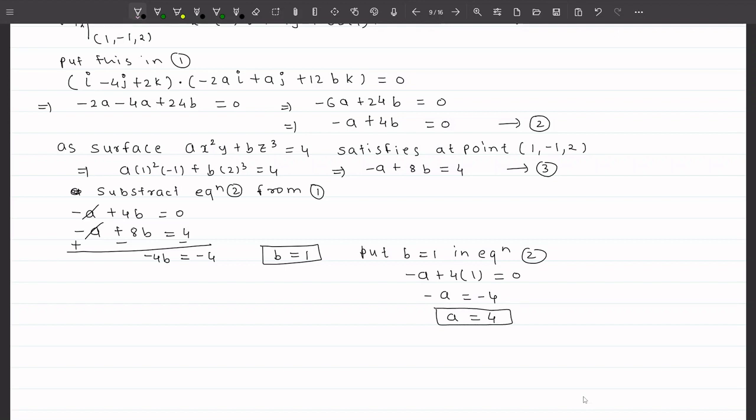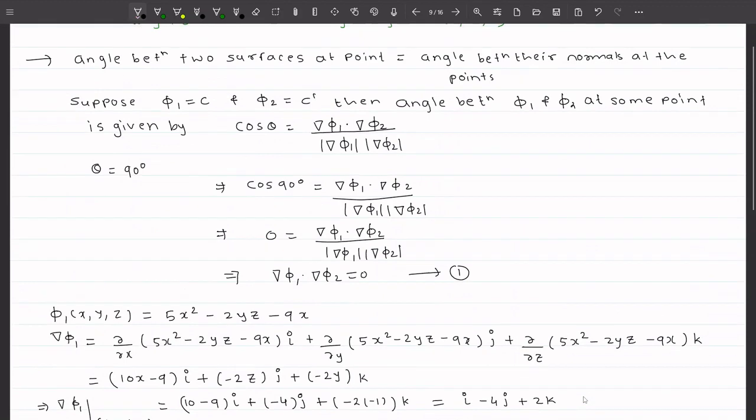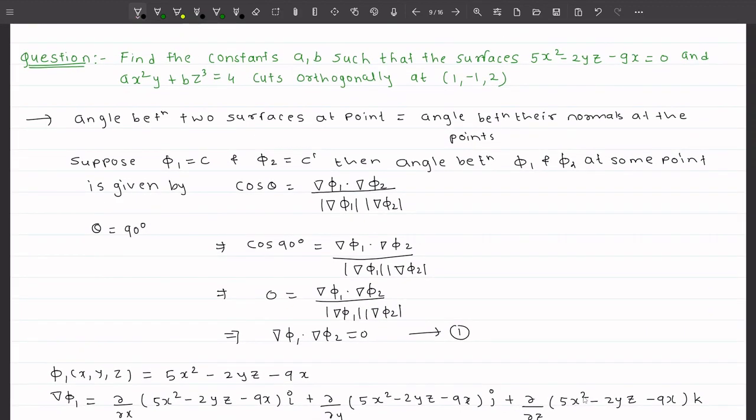So we get the values of a as 4 and b as 1 when the two surfaces cut orthogonally at the point (1, −1, 2), right? Okay, I hope you understood this. Thank you.